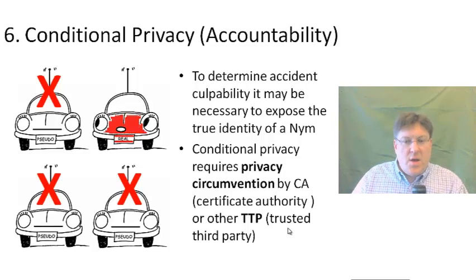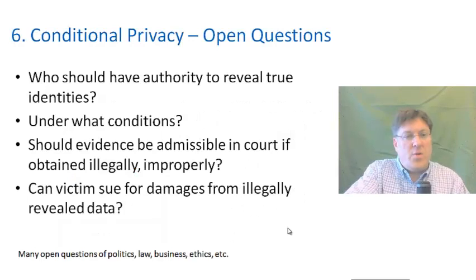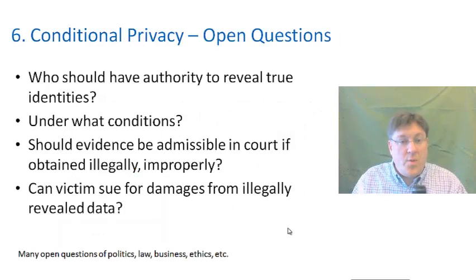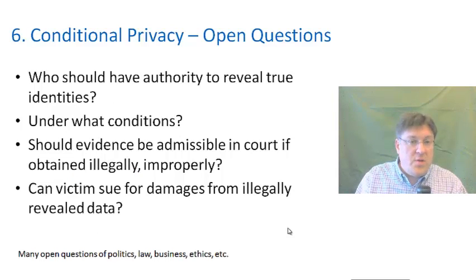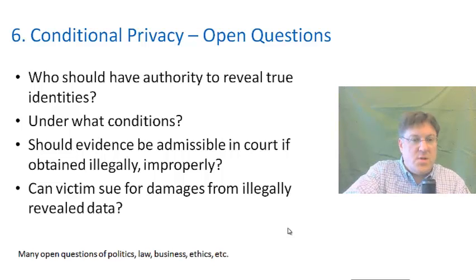It could be the certificate authority, it could be some other trusted third party that issued that ID, but whatever it is, there needs to be a way to reverse the privacy. The open question is, again, who should have the authority to do this, and under what conditions. There are legal issues involved, especially who can sue for damages if data is illegally revealed. A lot of these are not technical issues, but they do get a lot of discussion in the technical papers because we want to find technical solutions to some of these problems.